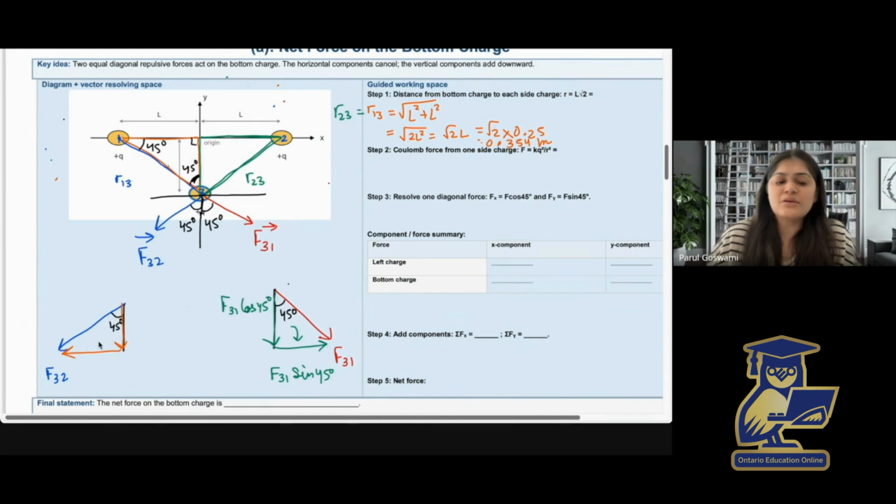Again, this is the angle. Opposite to the angle would be horizontal. Opposite to the angle would be the sine component. So I can write this is the horizontal component, which is F32 sine 45 degrees. And this is the vertical component. Since it is the adjacent, it would be F32 times cosine 45 degrees. So now we got the vertical component of both the forces and the horizontal component of both the forces, right?